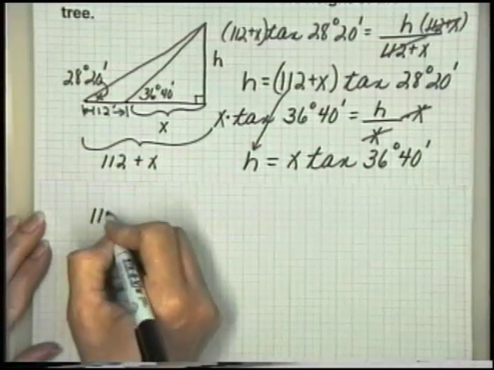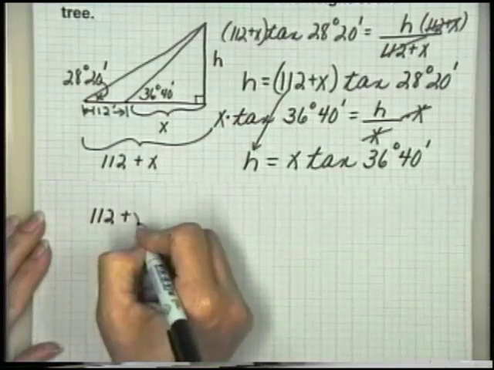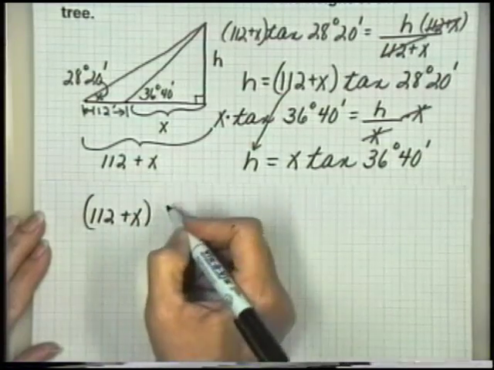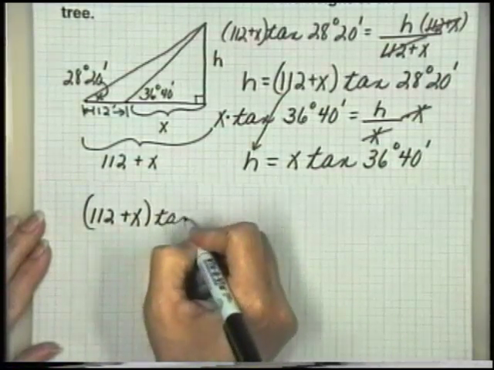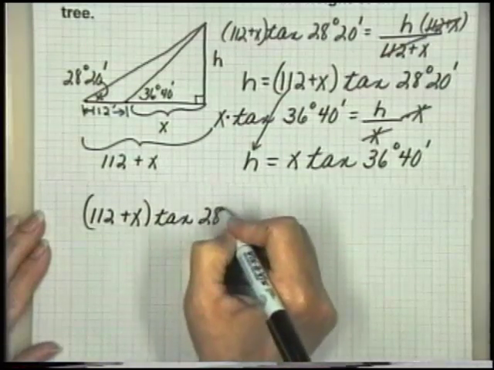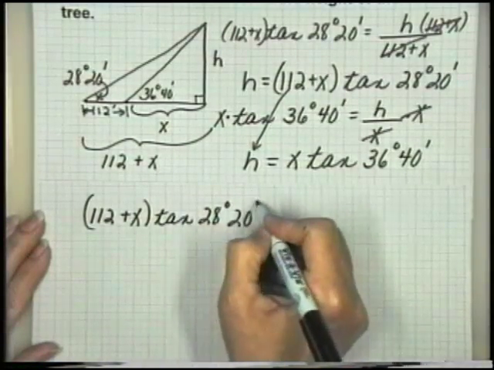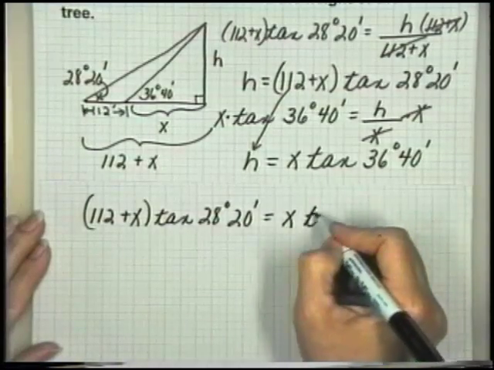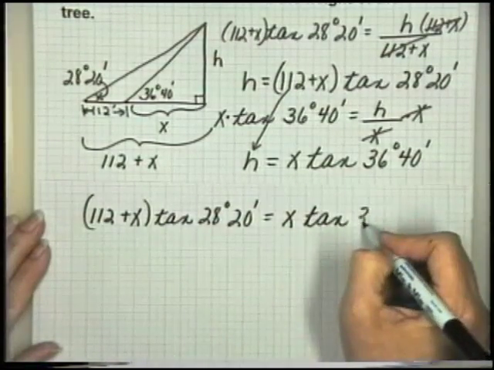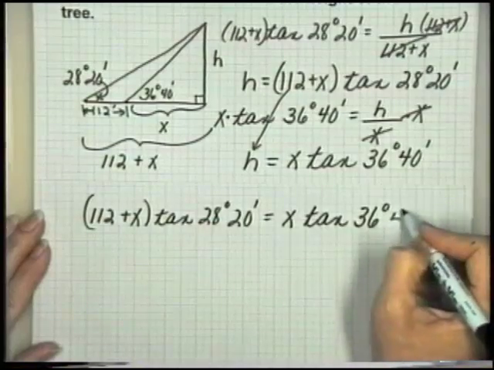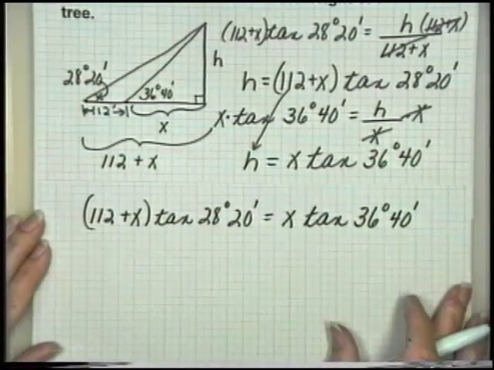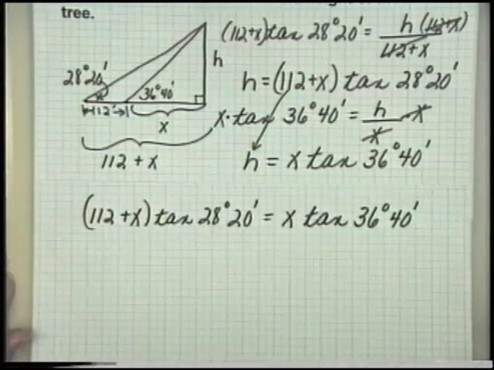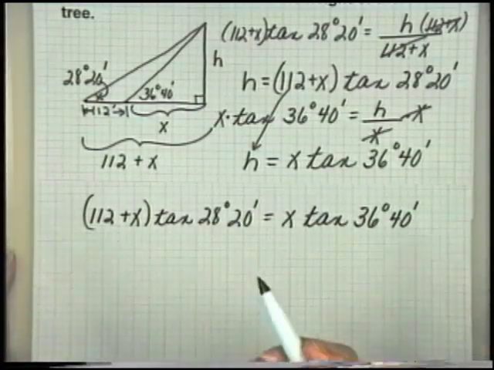So we will have, in place of this h, 112 plus x times the tangent of 28 degrees, 20 minutes, equals x times the tangent of 36 degrees, 40 minutes.